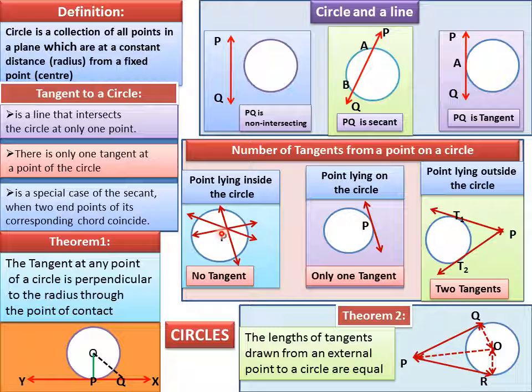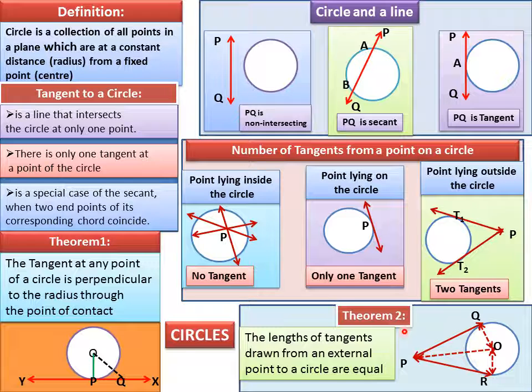If point P lies inside the circle, then you cannot have any tangent, and if point P lies on the circle, then I can have only one tangent, and if P is outside the circle, then I can have two tangents drawn. So in this case you can see, since P is lying outside the circle, I can have T1 and T2, two tangents. So understand this, which will help you in answering the 1 mark questions.